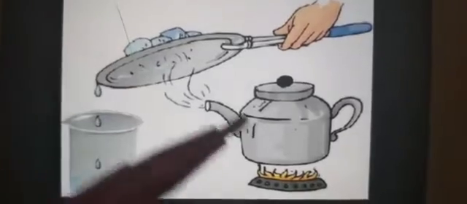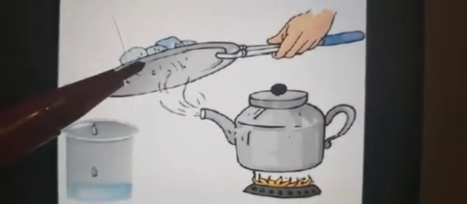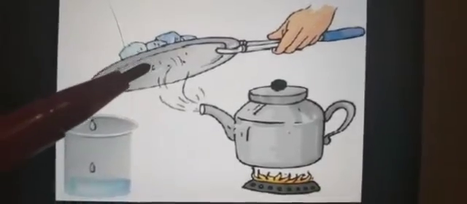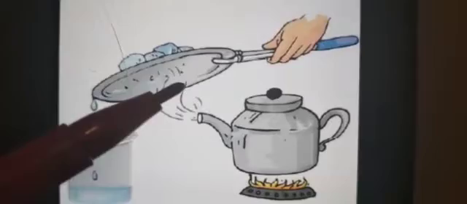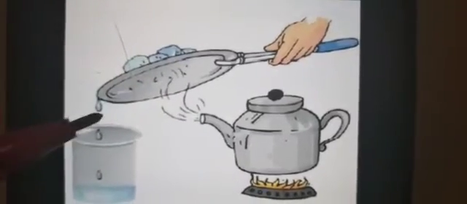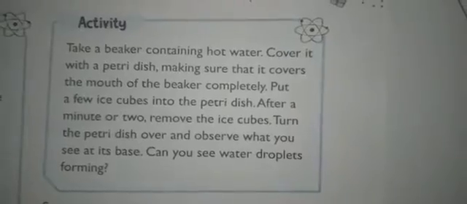So here you can see water vapors coming. When these water vapors touch the cool surface, they will condense, so we can collect that water. So here is one activity.